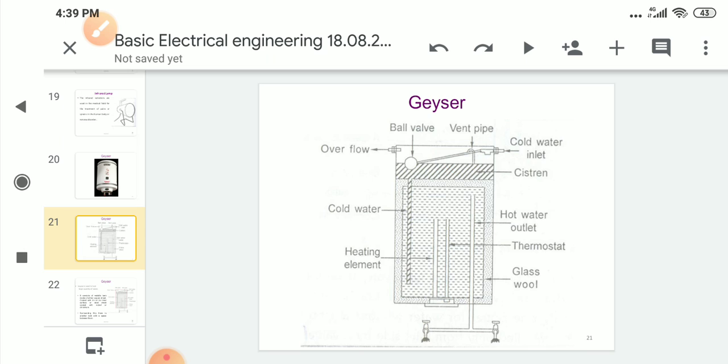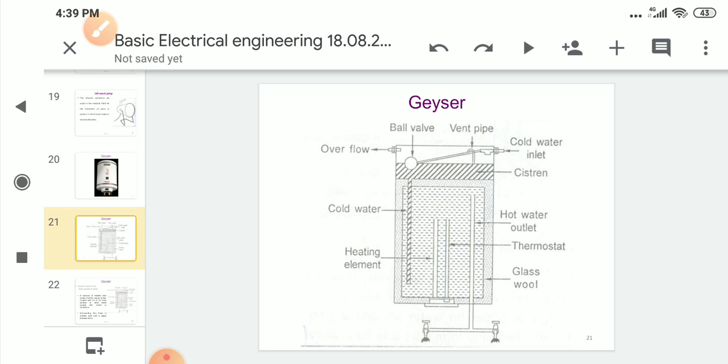Generally, in all our appliances, the thermostat is used to check the temperature level. Automatically, it will bend and straighten, closing and opening the switches. For this purpose, the thermostat is used for automatic control.